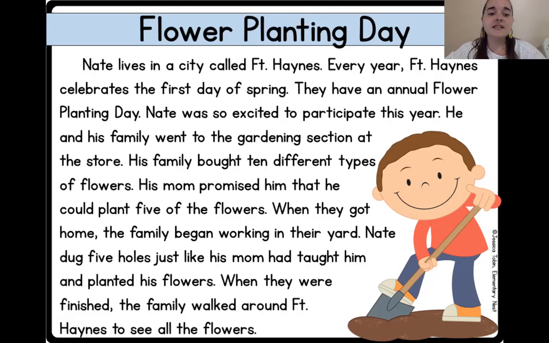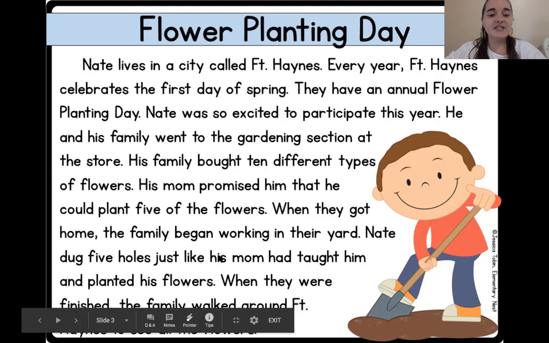His mom promised him that he could plant 5 of the flowers. When they got home, the family began working in their yard. Nate dug 5 holes just like his mom had taught him and planted his flowers. When they were finished, the family walked around Fort Hays to see all the flowers.